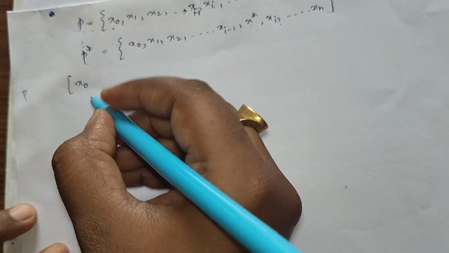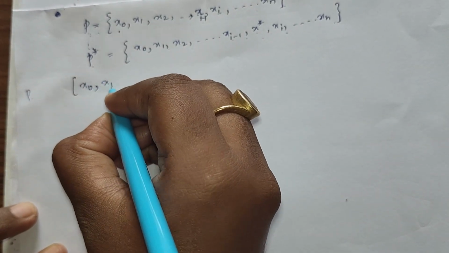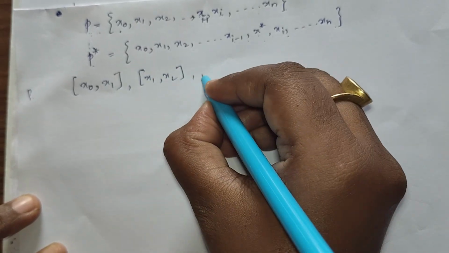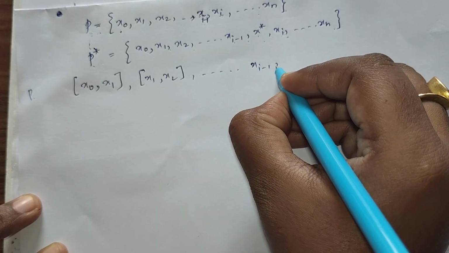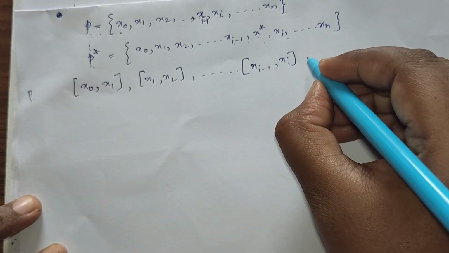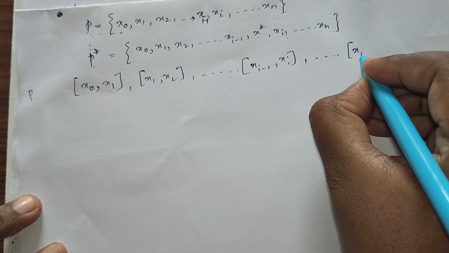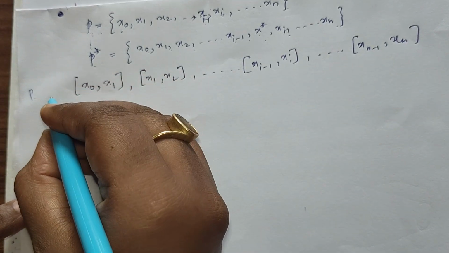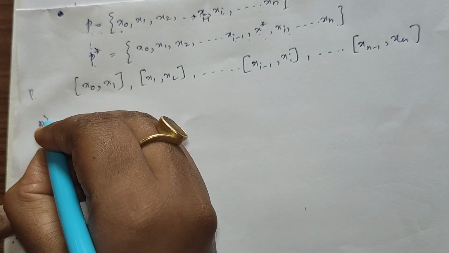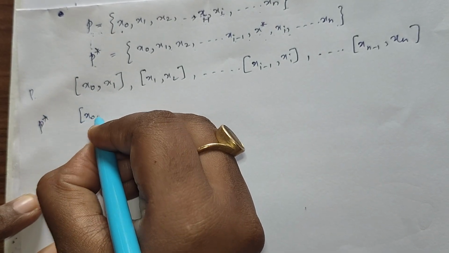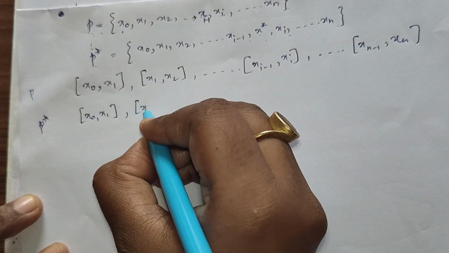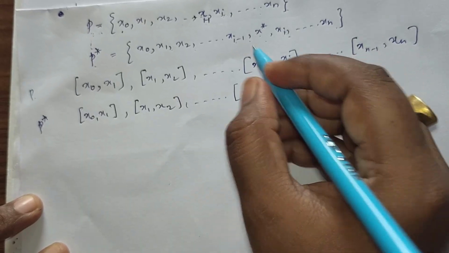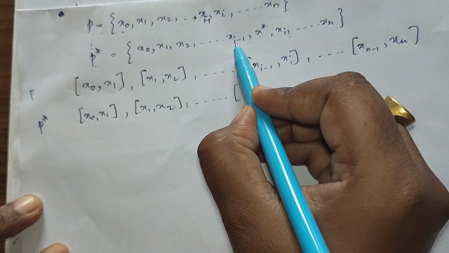In the partition P, your subintervals will be like this: x0, x1, x1, x2, etc. up to x i minus 1, x i, etc. up to x n minus 1, x n. So these are the subintervals in partition P. In P star, it will be like this: x0, x1, x1, x2, etc. up to, see here, the first interval here will be like this.